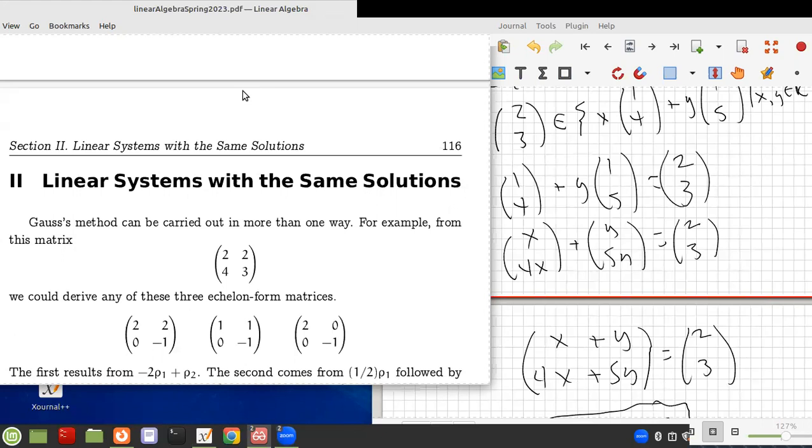If it's singular, it has an infinite number of solutions. If it's non-singular, it has one solution. If we could find an easier way to figure out whether or not a matrix is singular, that's one of the questions going forward that we have to look at.